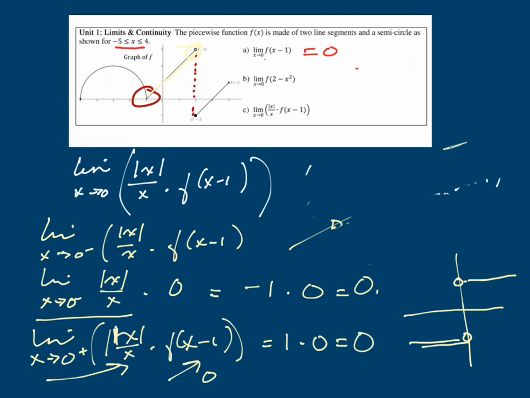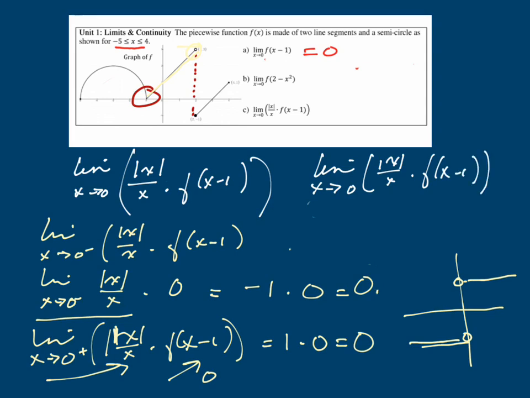So it doesn't exist if you do it all together, but when you do it separately, you get the same thing. So the limit as x goes to 0 of the absolute value of x over x times f of x minus 1 equals 0, because the left-sided limit equals 0 and the right-sided limit equals 0. So I just wanted to stop and do those.